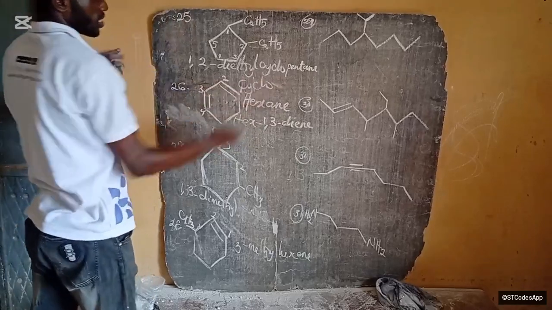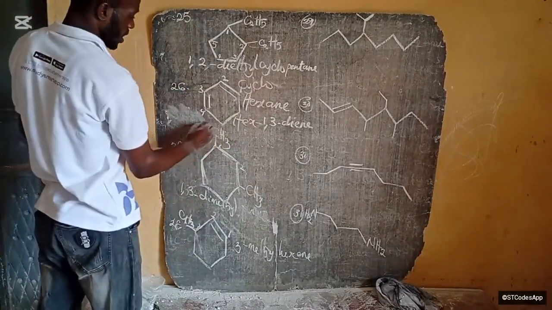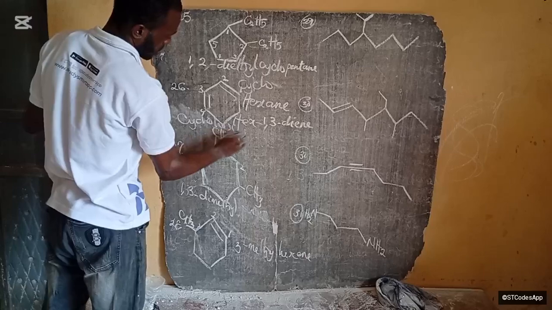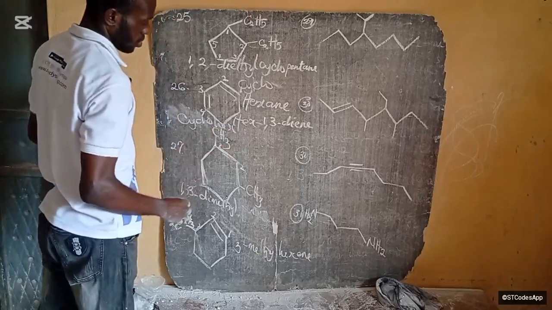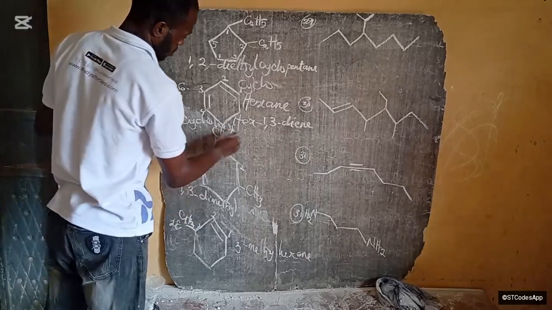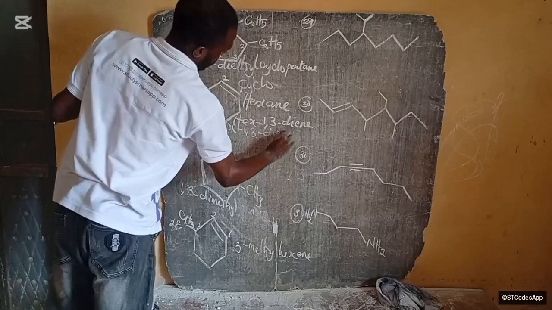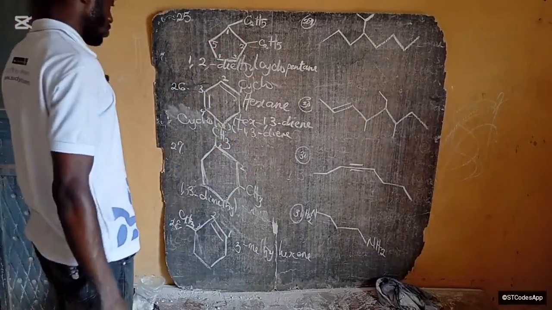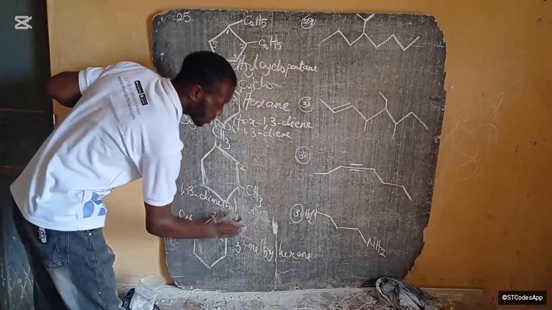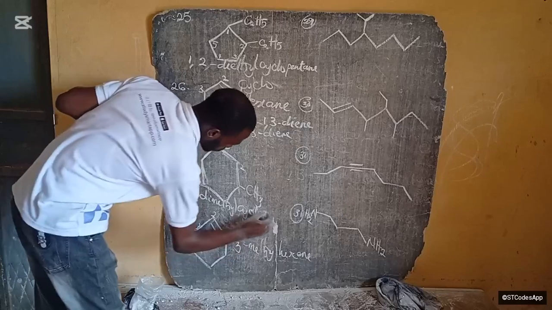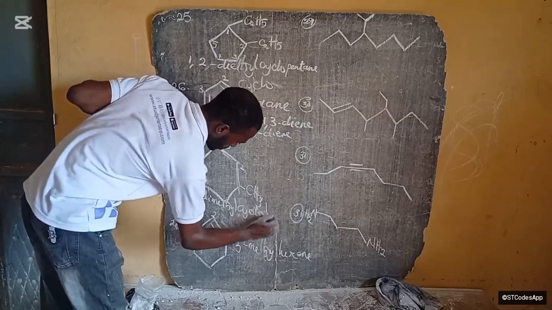Cyclohexane. There is no dash here. Cyclohexane. And here, cyclohex 1, 3 diene. Then here also, this will be dimethyl cyclohexane.